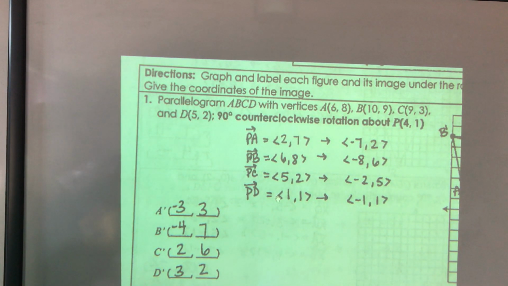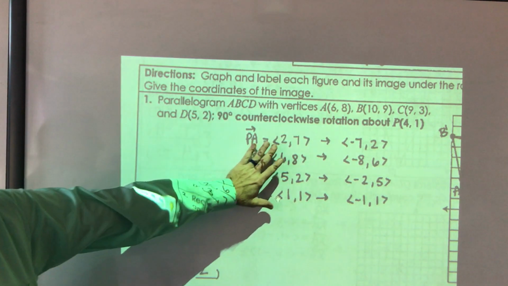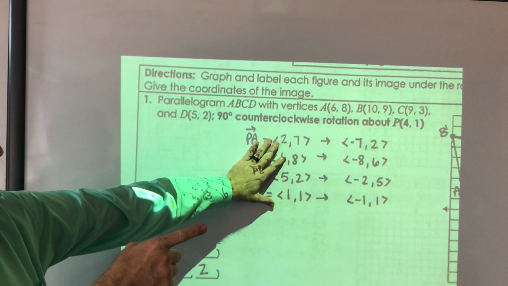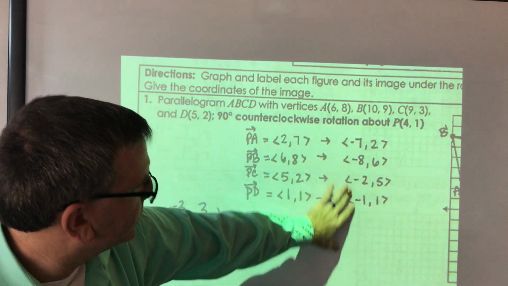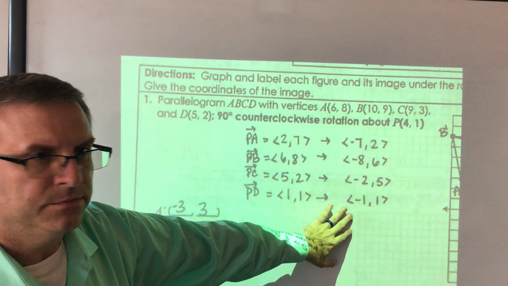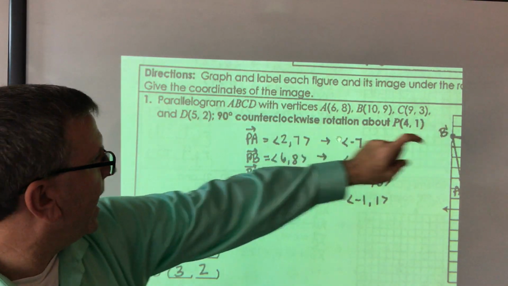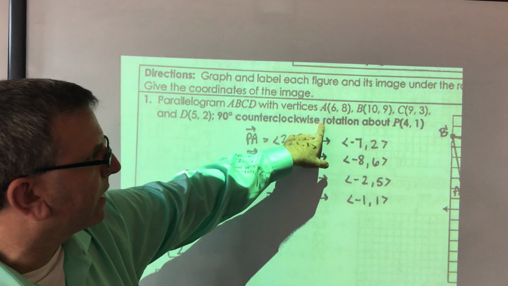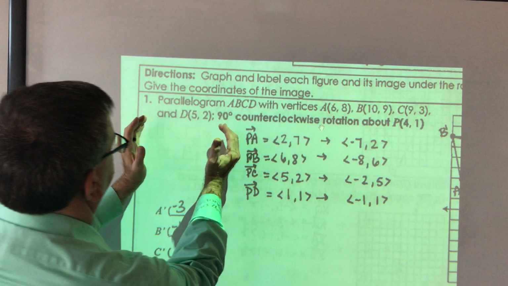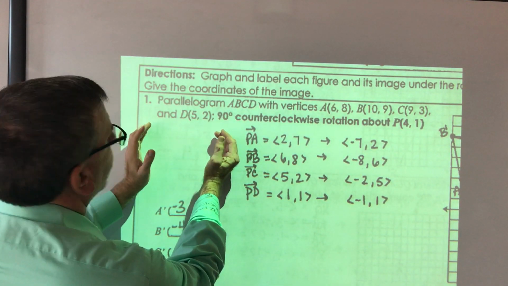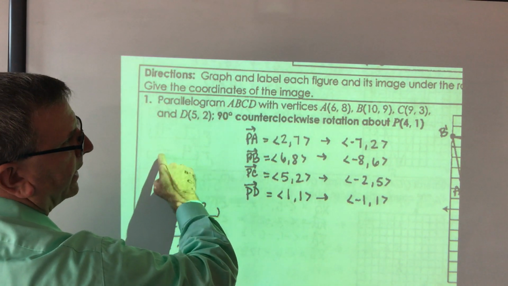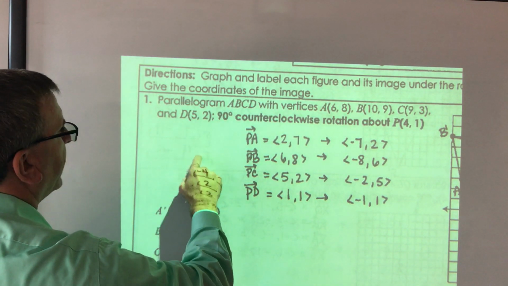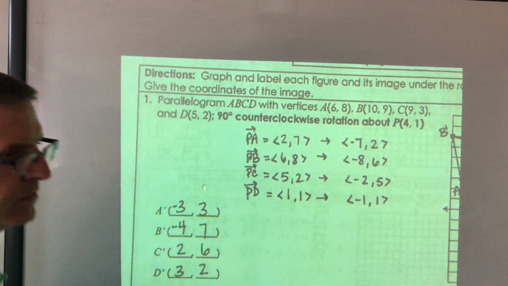Everybody good? Now, I have to apply the rules from yesterday to these vectors to get our new vectors. Our rule at 90 degrees counterclockwise, and I want everybody to write this in this section right here: parenthesis, negative y, comma, x, parenthesis.